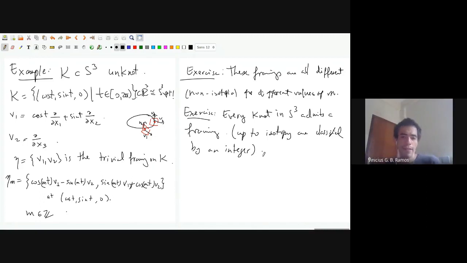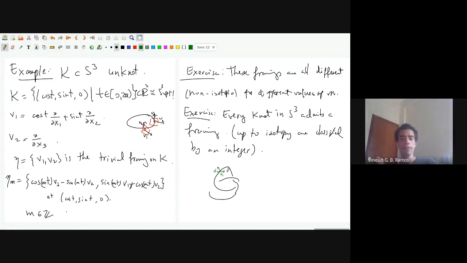Okay, so why is that? Basically, you can think of a framing of a knot the following way. So, you have a knot. I don't know, say you have a knot like that. It's a trefoil knot. Then you can think of a framing as, you choose a basis, V1, V2.